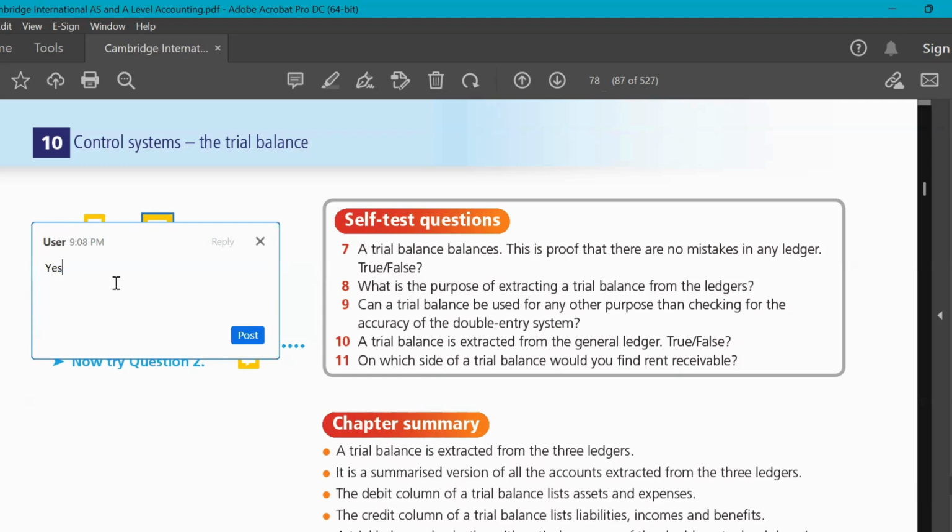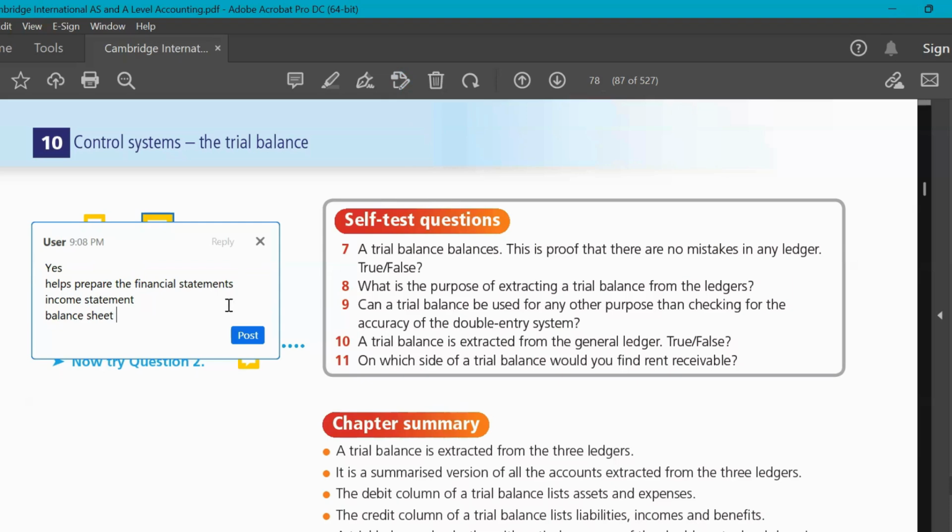The trial balance can also help prepare the financial statements, which are the income statement and the balance sheet, since it lists all the balances in one place. So the trial balance is not only for accuracy, but it also helps prepare the income statement and the balance sheet.